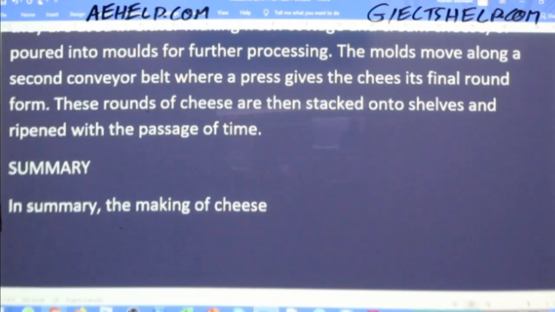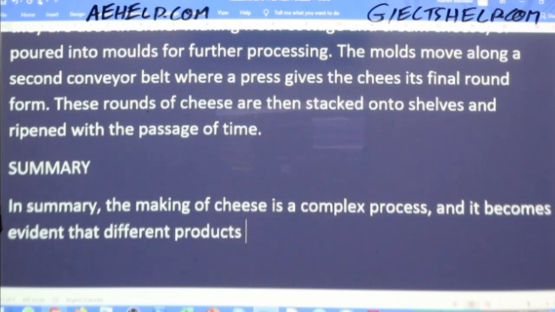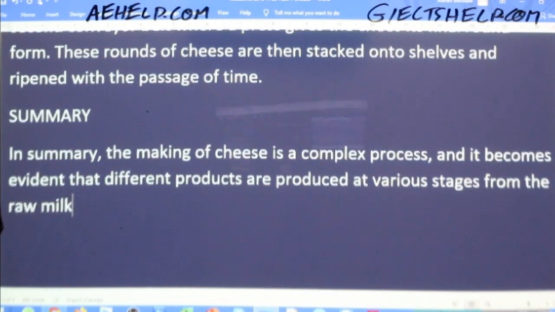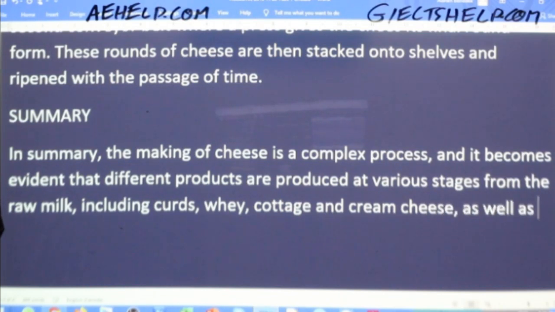So in summary, the making of cheese is a complex process, and it becomes evident that different products are produced at various stages from the raw milk, including curds, whey, cottage and cream cheese, as well as ripened cheese.